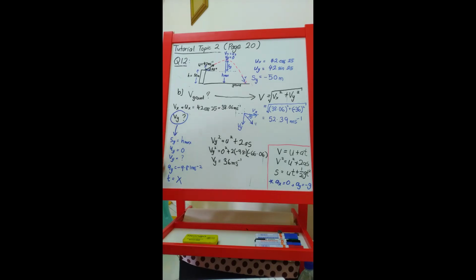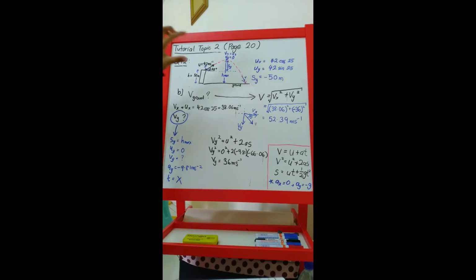I list down SUVAT here. So for sy, we have a lot of information. We have this value, we also have this value. So you can actually choose which height you want to use. For me, the easiest one is to choose this one. Why?